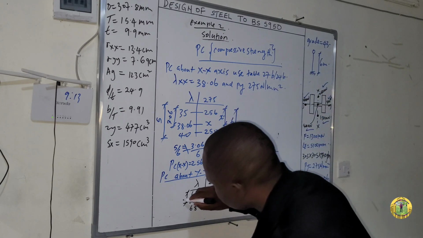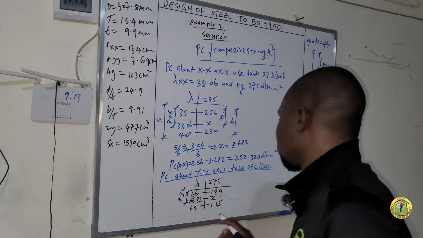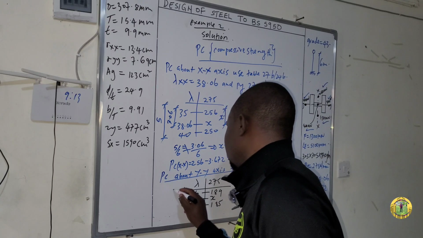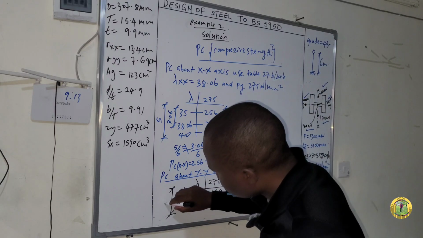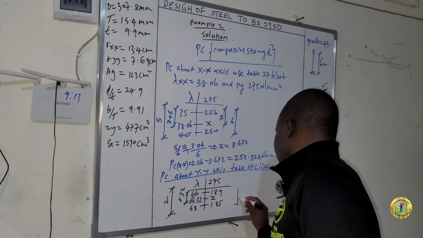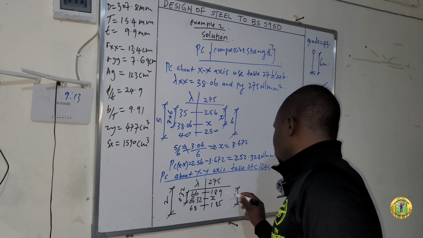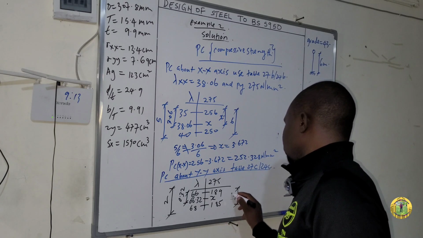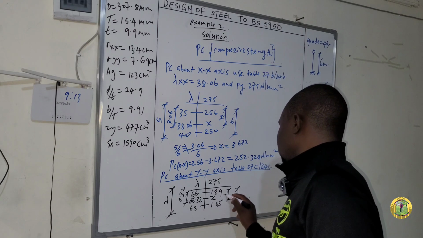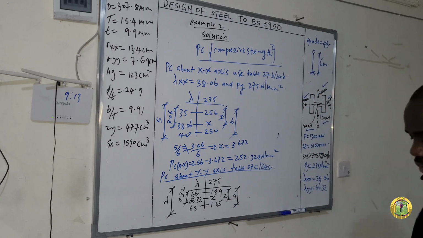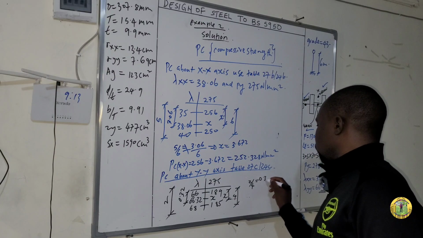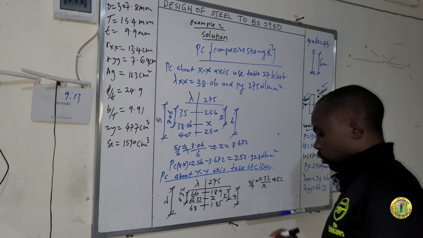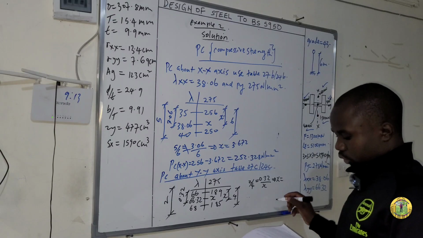Then you get the difference. This is 0.32. And this one, this is 2. So this one is 4, 189 minus 185. And then this one is x. So again, we'll do the comparison. 2 over 4 is equal to 0.32 over x, which implies x is equal to 0.32.